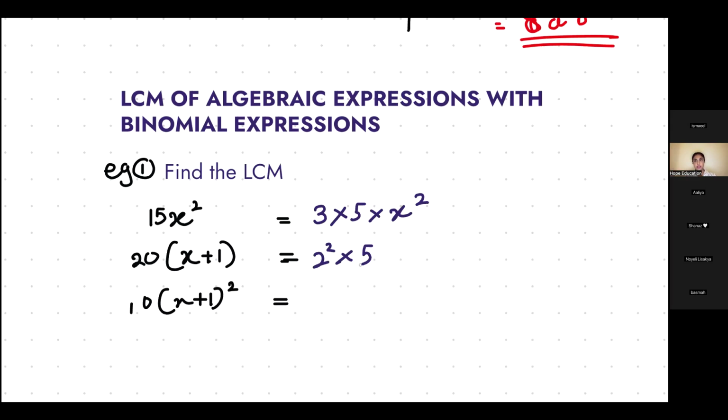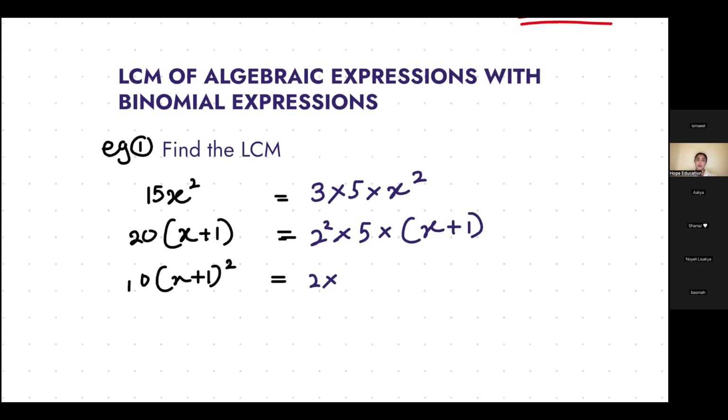Then times (x plus 1). 10 is 2 times 5, times (x plus 1) squared. We make brackets, and we consider these binomial expressions as individual units.